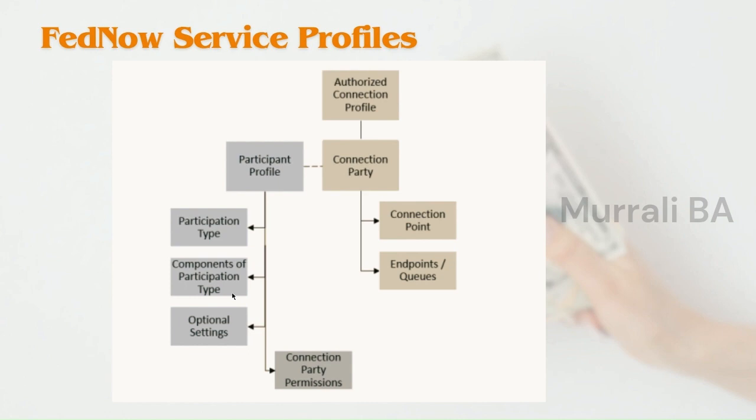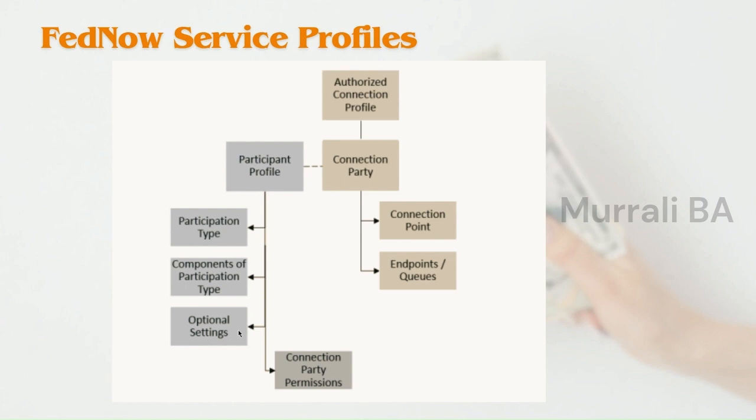So all those things are basically part of the components of FedNow participation type. Then comes the optional settings. These settings include maybe a participant negative list. This is nothing but a list which will contain some of the entities or even persons or organizations, you can name it anything.